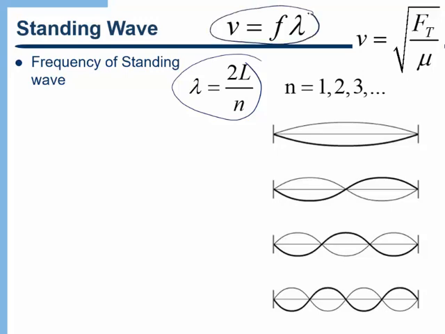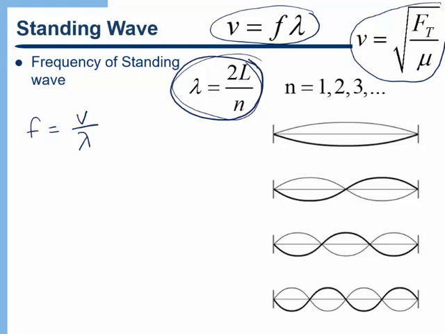Starting with v equals f lambda, let me rewrite that as the frequency is equal to the velocity divided by the wavelength. Remember that for a wave on a string, the velocity can be written in terms of the tension in the string and the mass per unit length. Also, we know that the wavelength can be written in terms of the length of the string and the number of antinodes.